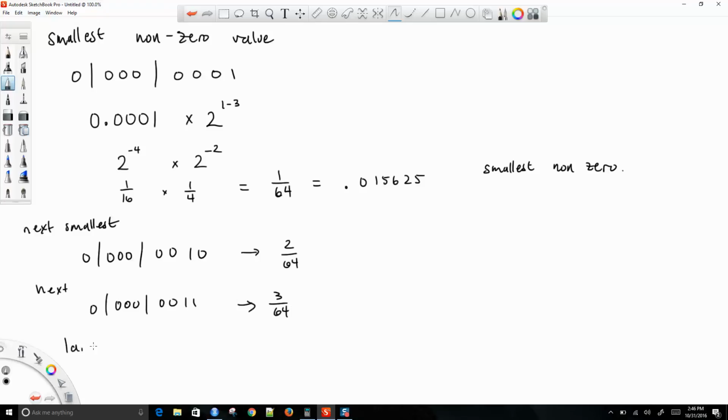Then we can get up to our largest denormalized, which would be 0, 0, 0, 0, 1, 1, 1, 1. And what would this be? This would be 0.1111 times 2 to the 1 minus 3, and this turns out to be 15 out of 64. Is this okay with everybody so far?